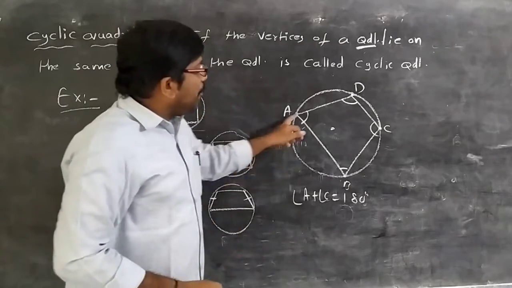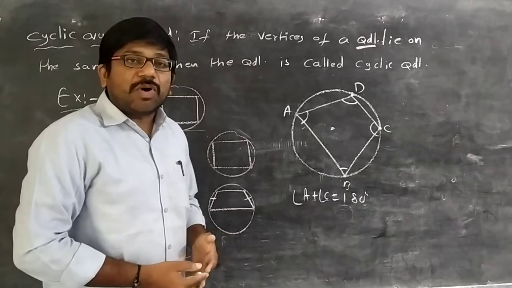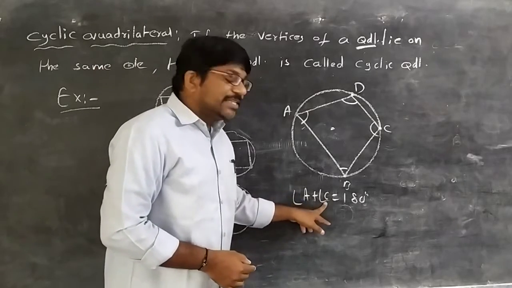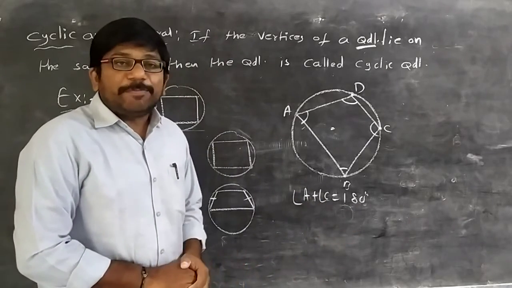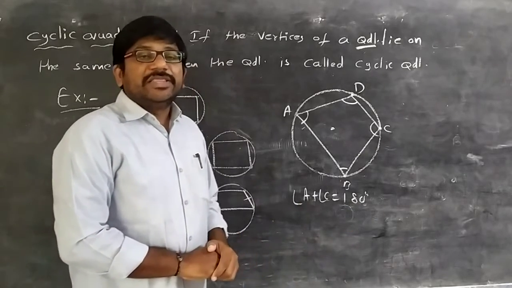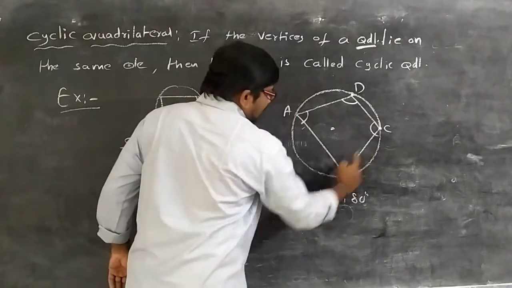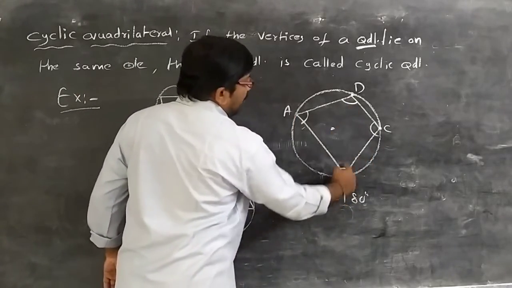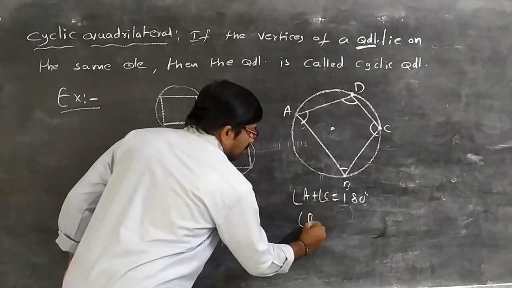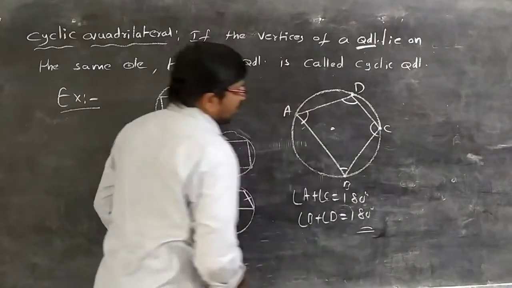It means the opposite angles are supplementary. Supplementary means if the sum of two angles is 180 degrees, they are called supplementary angles. Here angle A plus angle C equals 180 and angle B plus angle D is equal to 180 degrees, right?